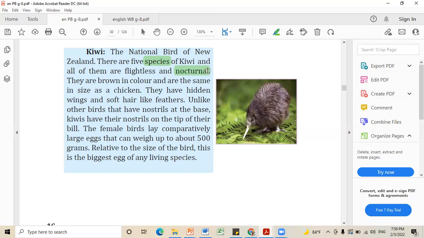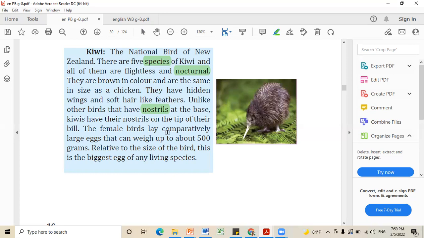Unlike other birds that have nostrils at the base, kiwis have their nostrils on the tip of their bill.